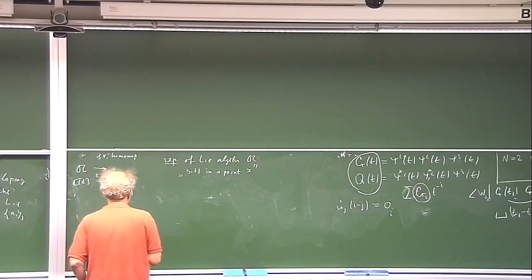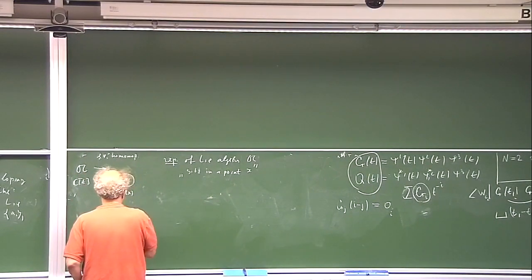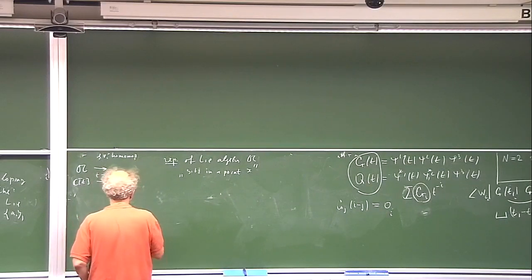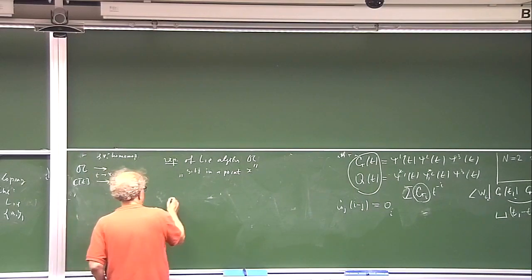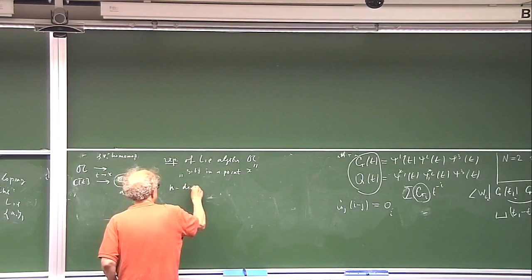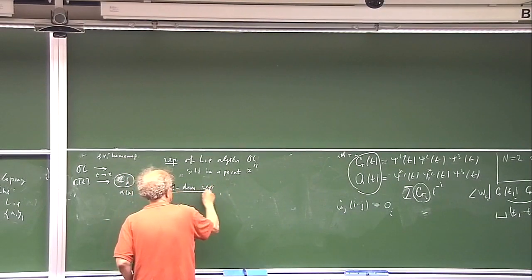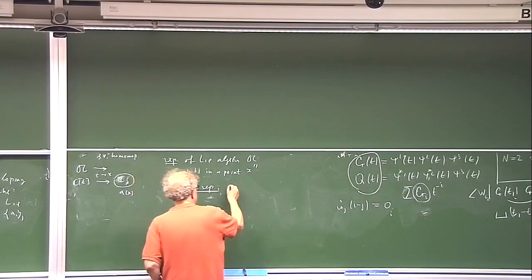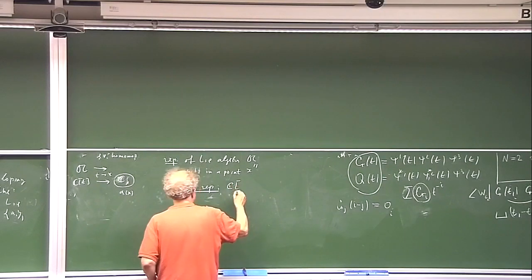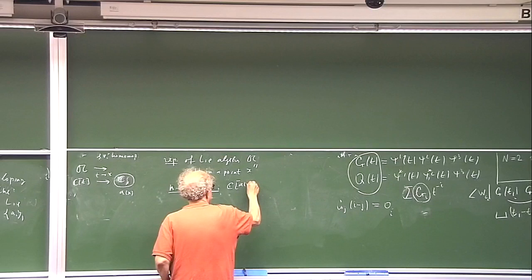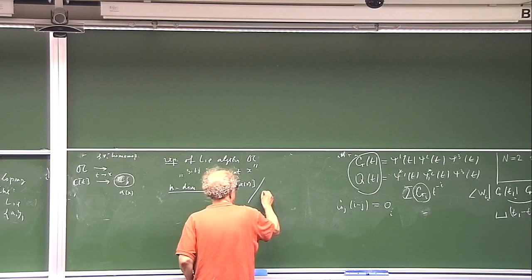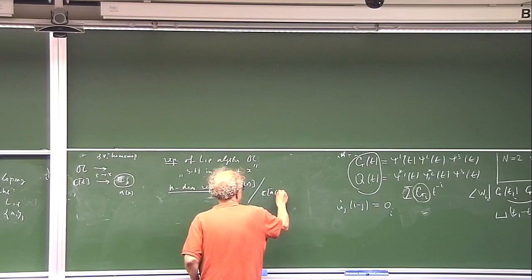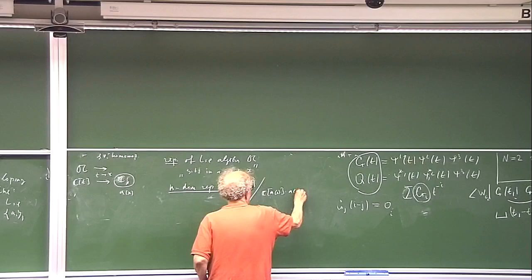For example, I can take as a representation of Cx an n-dimensional representation, which is C[ax] over C[ax] times (ax) to the power n.